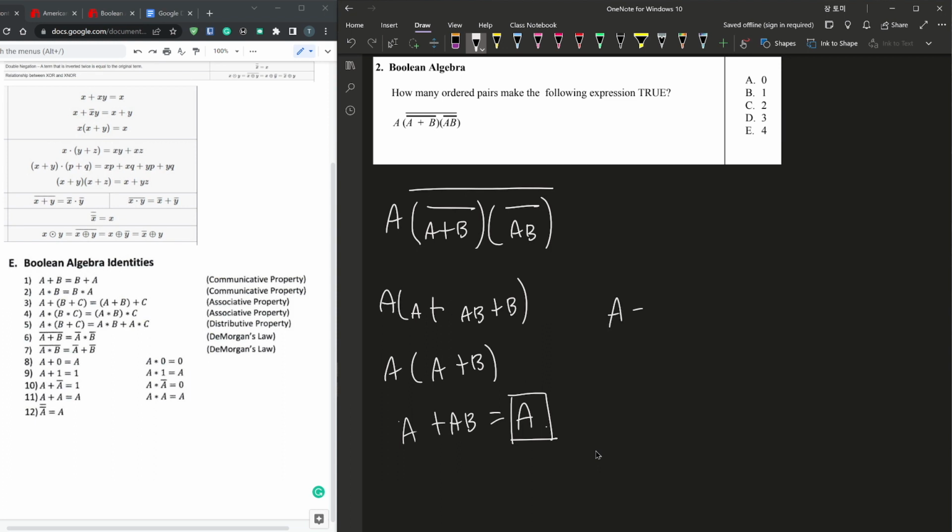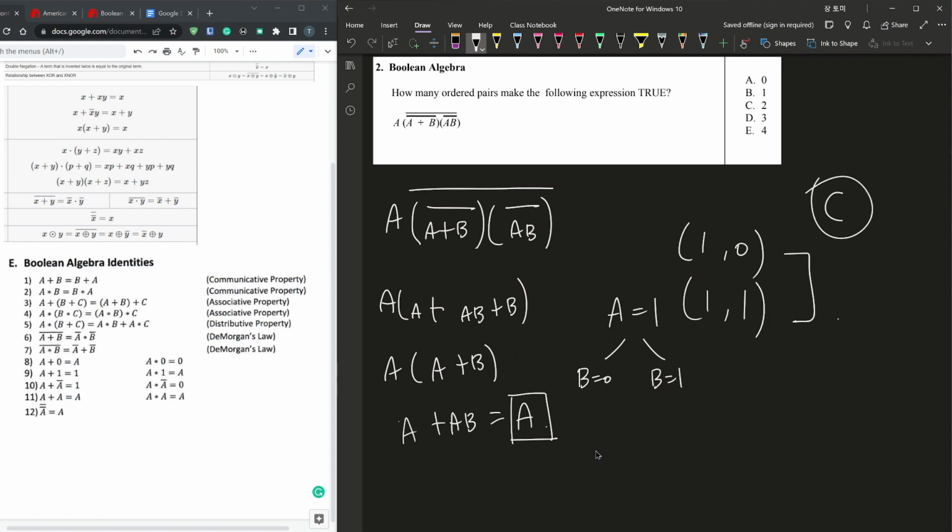So within that possibility there's b equals 0 and b equals 1. So if we have a equals 1 and b equals 0, we have 1 comma 0, and if we have a equals 1 and b equals 1, we have 1 comma 1. So these are the two ordered pairs that make the following expression true, and therefore the answer is C.